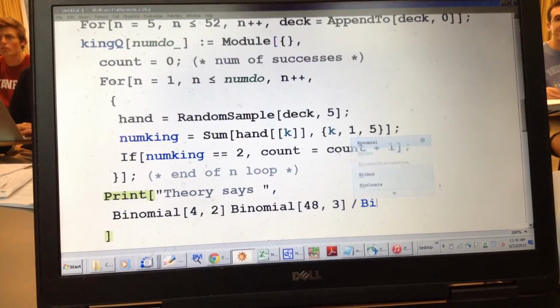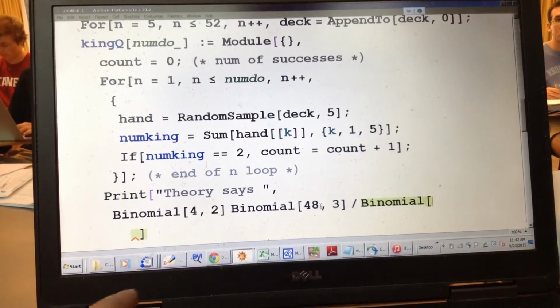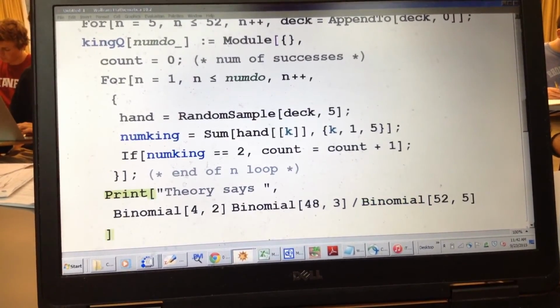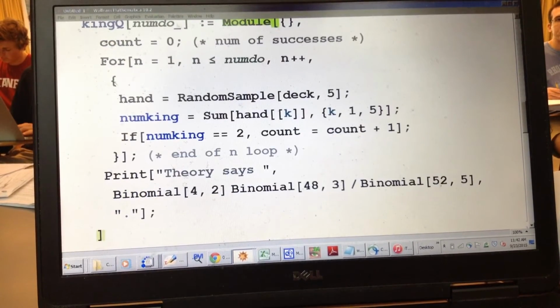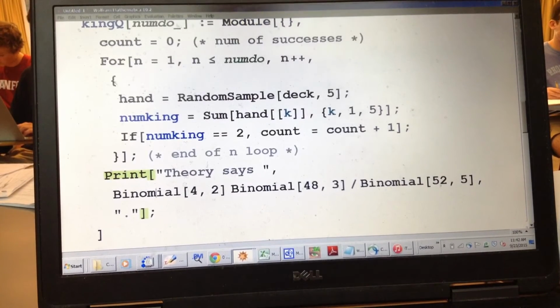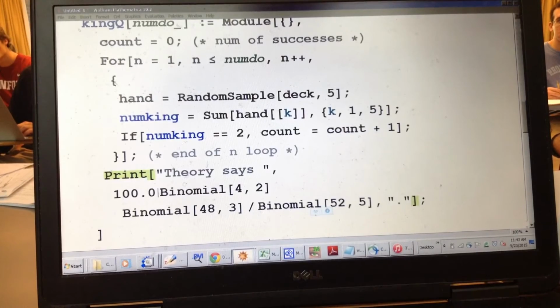And then we divide by binomial 52 choose 5. And I'll put the period so my mom is happy. Is that going to give us the probability of having exactly 2 kings? Yes. It's not going to display it in a nice way though, so I'll multiply by 100 to be a nice percent.